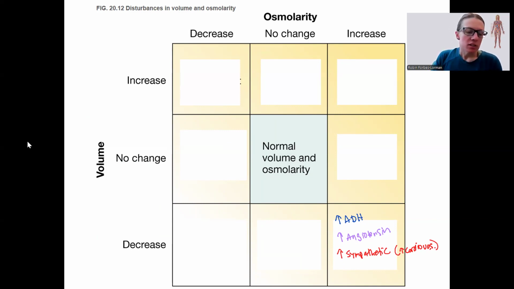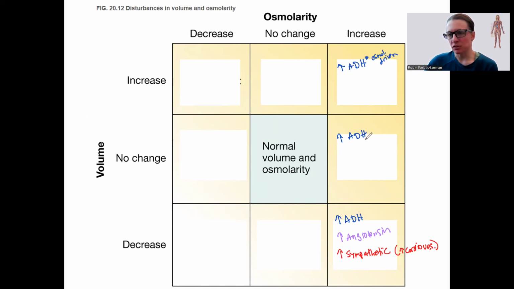Let's do ADH first. ADH is really, I forgot to say that in the previous slide, it's really responding to osmolarity quickest, most directly. So that's its main job. It's going to respond to increases in osmolarity regardless of what's happening in blood volume. We have an increase in blood pressure here. That's not a stimulus for ADH, but this is osmolarity driven solely.